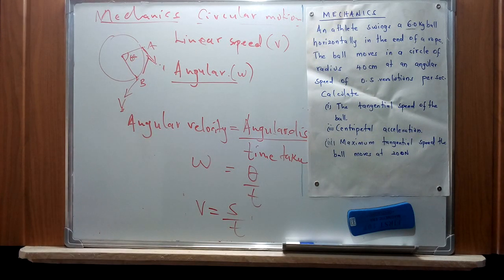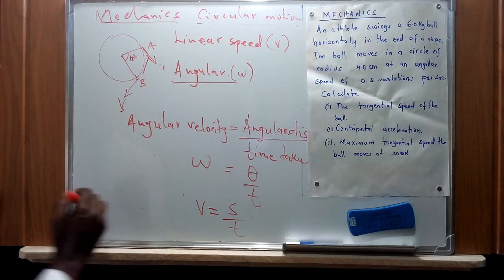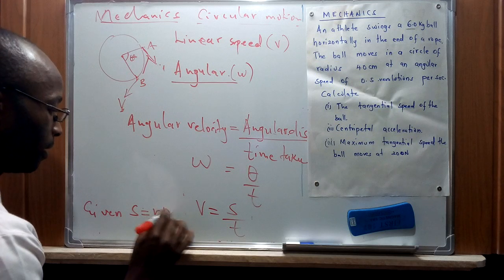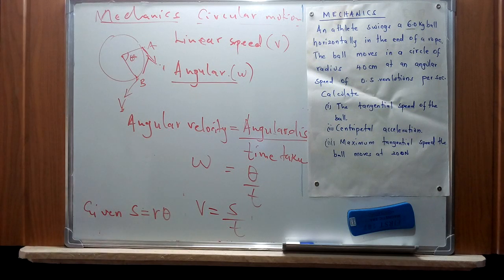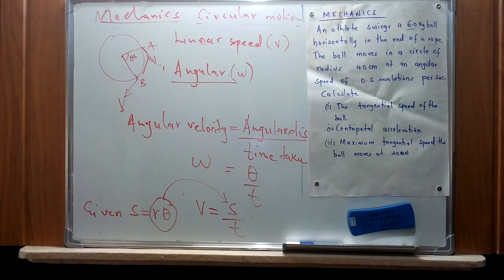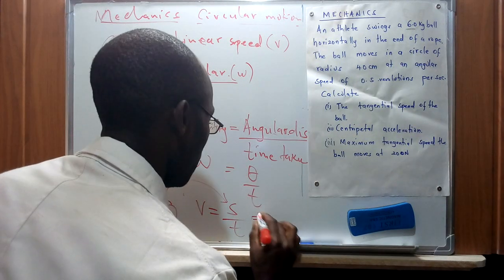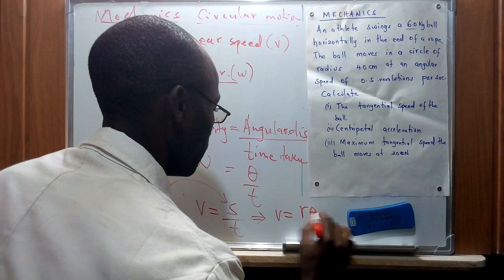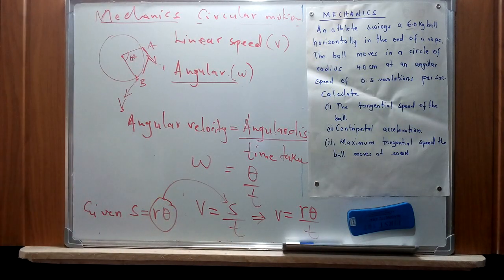If we look at the relationship, we had said that s equals r theta, therefore for velocity we can substitute for s and say that velocity therefore equals r theta over t.